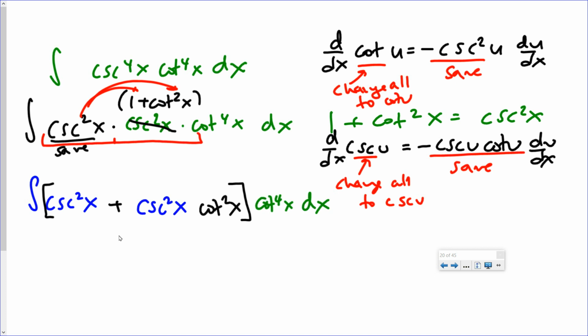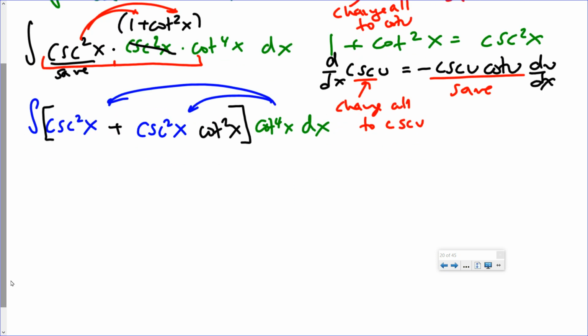Now I ask myself the question, have I distributed all that I can? No. Do you see I can do this backwards distribution? Let's go ahead and do it. I still want to save a cosecant squared because that's what I decided. That's going to be cosecant squared times cotangent x raised to the 4th.